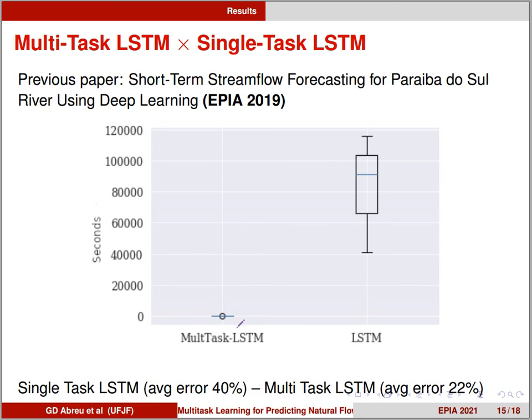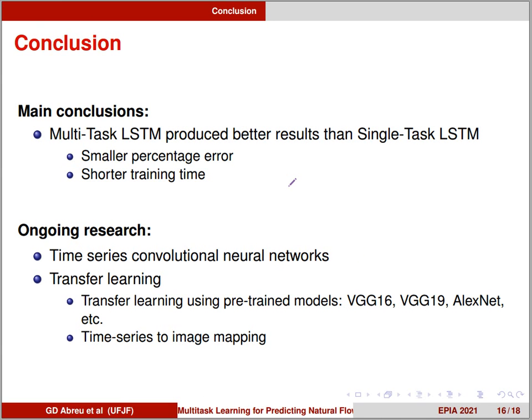The multitask LSTM produced a smaller training time, with a small average error. So the main conclusions of this paper: the multitask LSTM produced better results than the single task LSTM, and also a smaller percentage error and shorter training time.